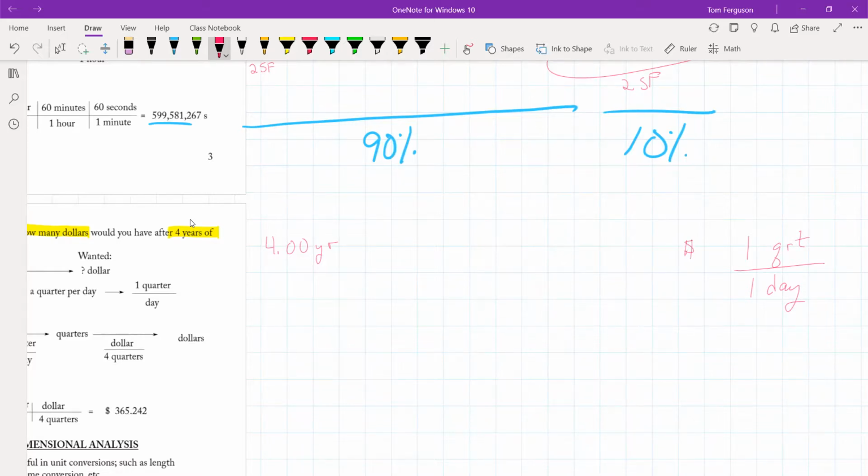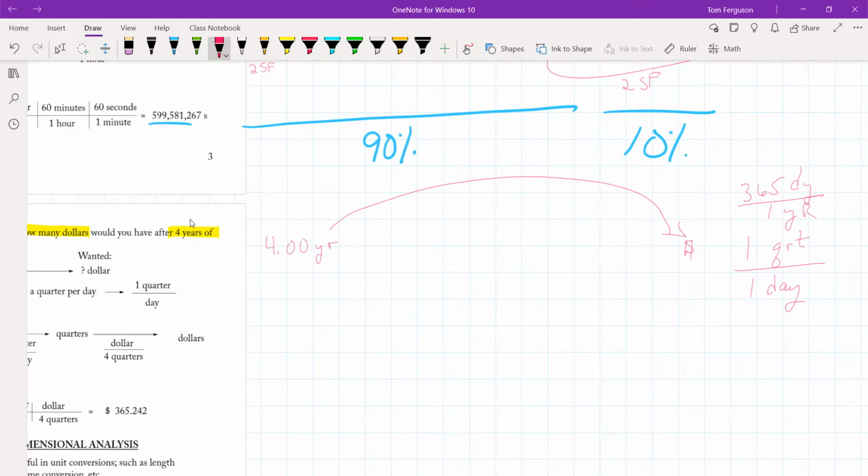So when we want to go from years to money. Okay, so do we have any conversion factors with a year in it? Well, what do we know about years? Well, how many days are in a year? Okay, there are 365 days in a year.